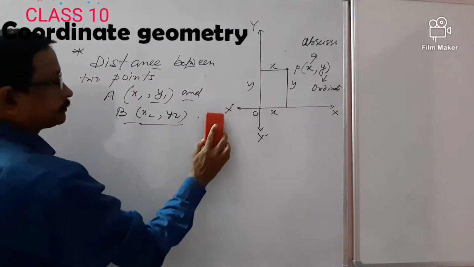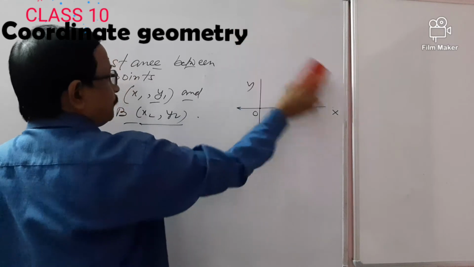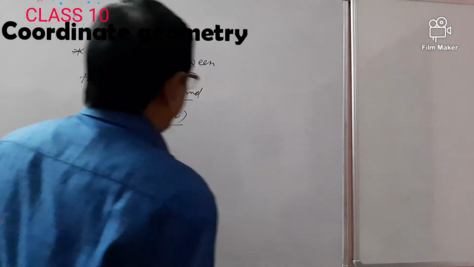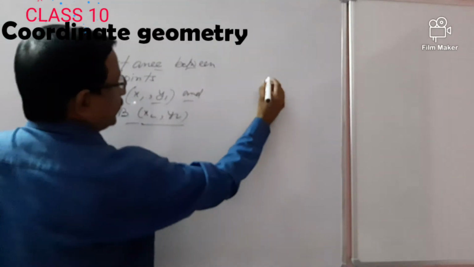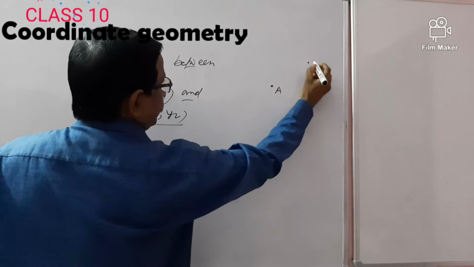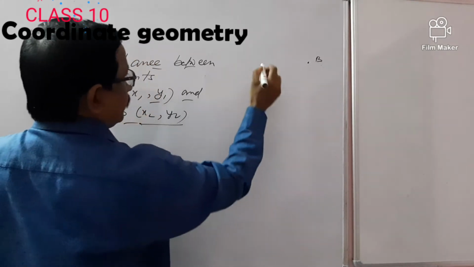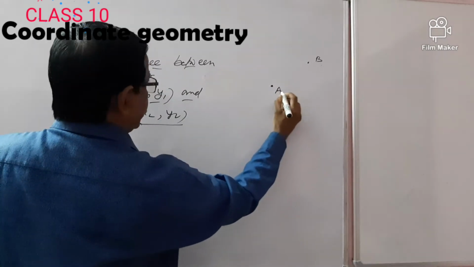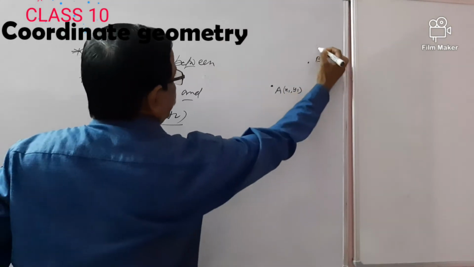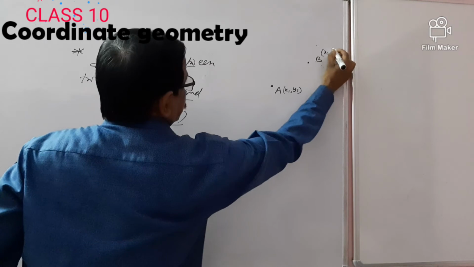This figure I am rubbing first. How do you find this? So there are two points. One point is A, another point is B, and the coordinate of point A is (x1, y1) and of point B is (x2, y2).